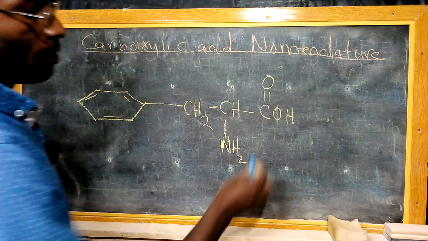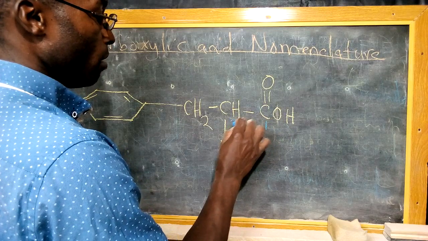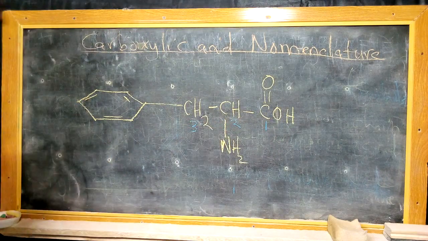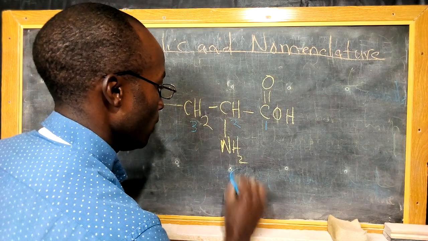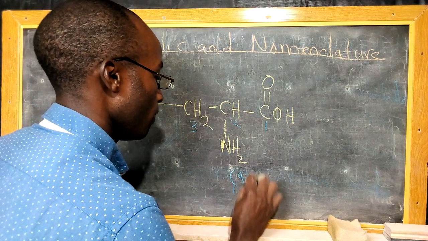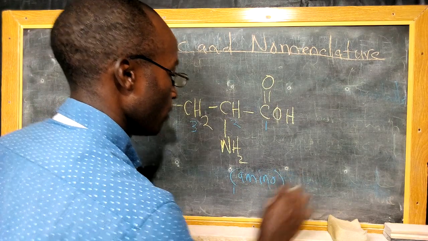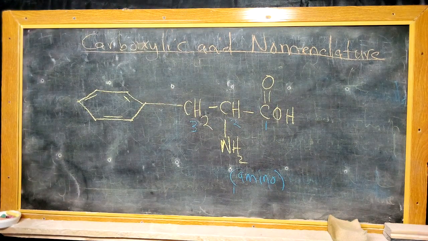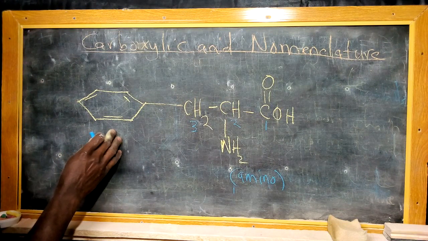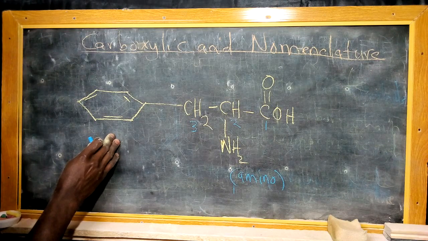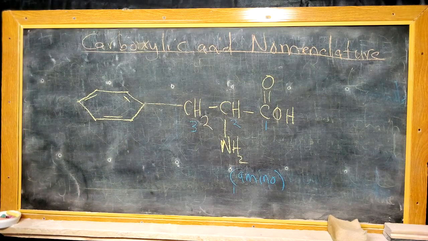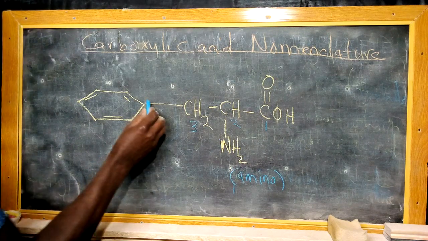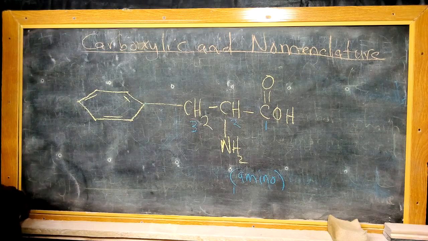And as we said, the numbering begins at the carbonyl carbon. So this is carbon number 1, number 2, and carbon number 3. We have said that this substituent is known as amino. This is an amino substituent. And now for this particular substituent, the compound was, of course, benzene, but when it is attached here, we give it a different name, which I'm going to write.